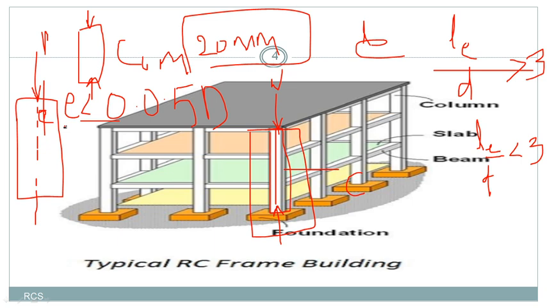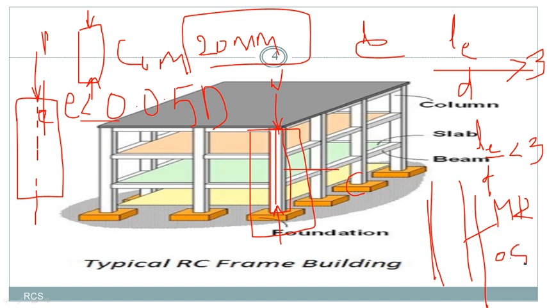Then the area of longitudinal reinforcement in columns: the minimum is 0.8% of the gross cross-sectional area of the column. This is the main reinforcement in the column. It should be greater than 0.8% of the total gross cross-section of a column, and it should not exceed 6% of the total gross cross-sectional area.